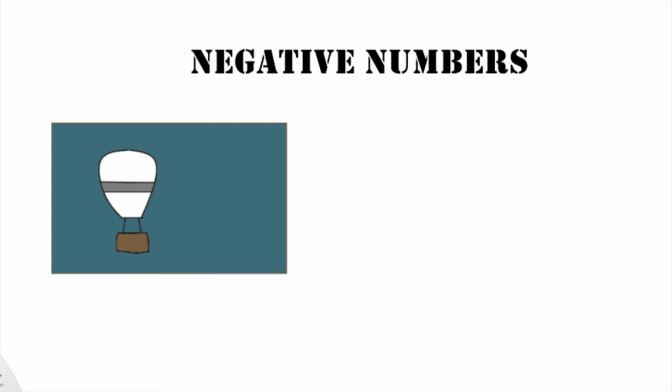Moving forward, here we have a hot air balloon, and we can think of negative numbers in various ways, but one way of doing it is to think of this concept. Every single time we put hot air, which is positive, into our balloon, it will go up.